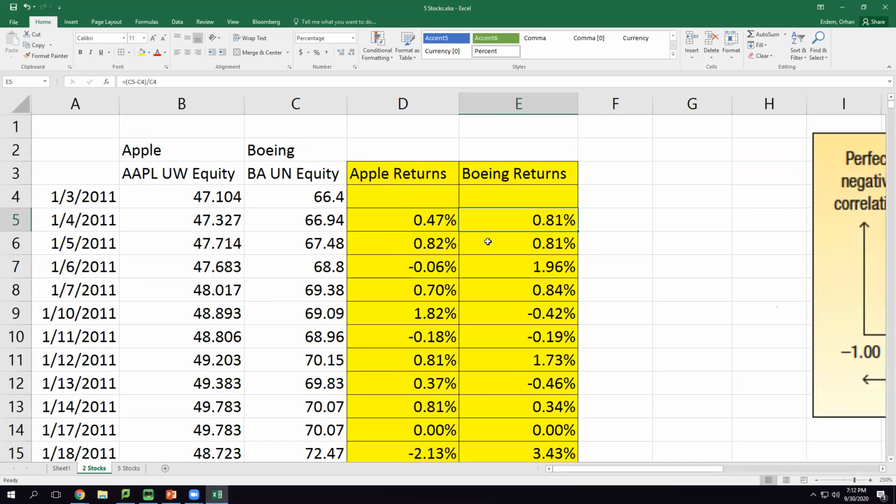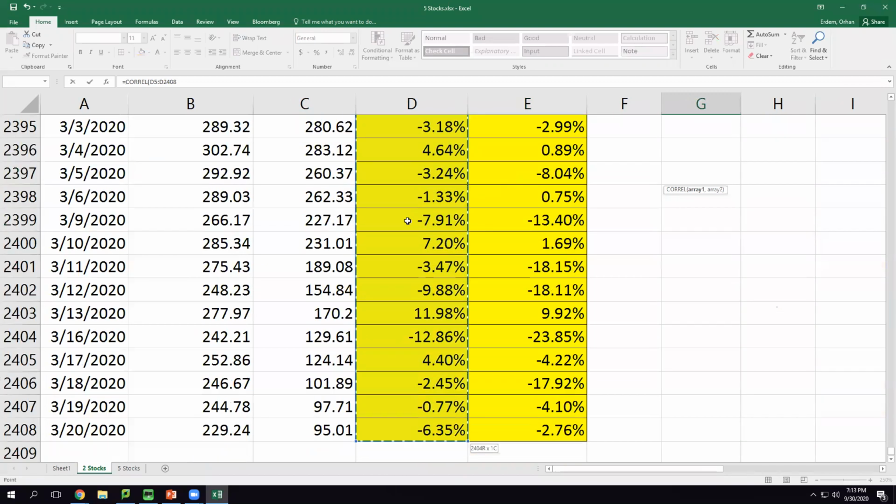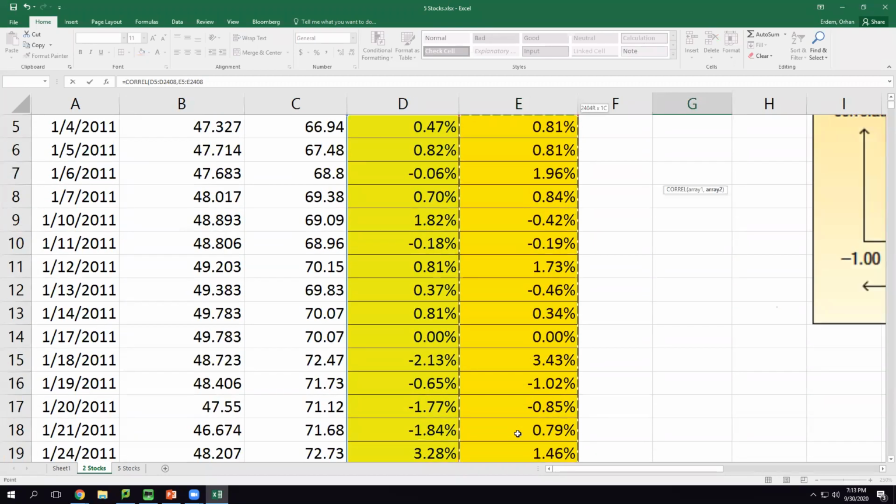Okay, perfect. Now click anywhere in a cell, and type CORREL. It calculates the correlation. Then there should be two arrays. For the first array, select the Apple returns column, then a comma, and then select the Boeing returns column and close the parentheses.